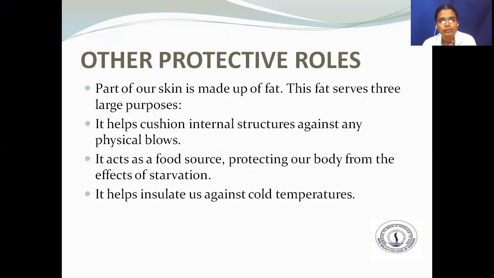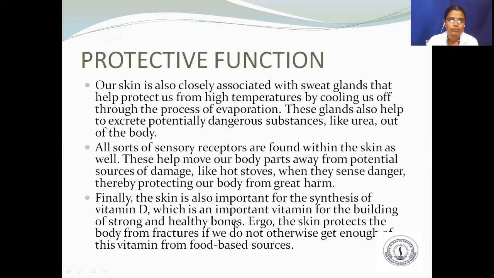The skin stores fat in our body. This fat helps cushion internal structures against physical blows, is a source of food protecting our body from starvation, and is also helpful against cold temperatures. Next one is the protective function.